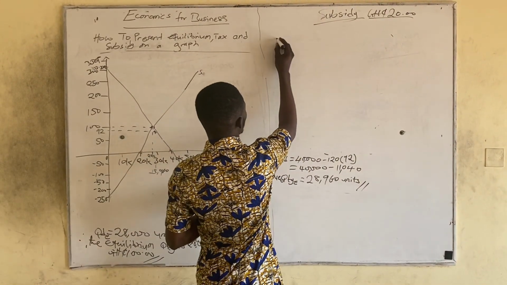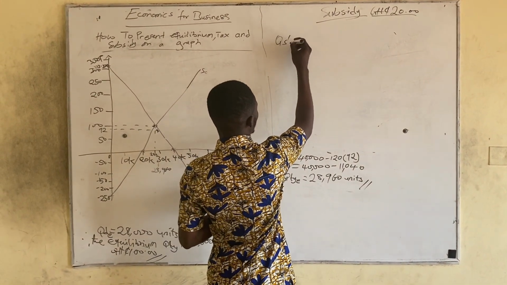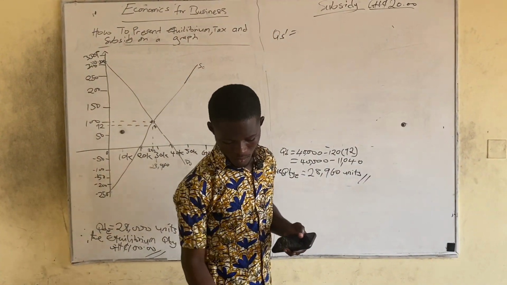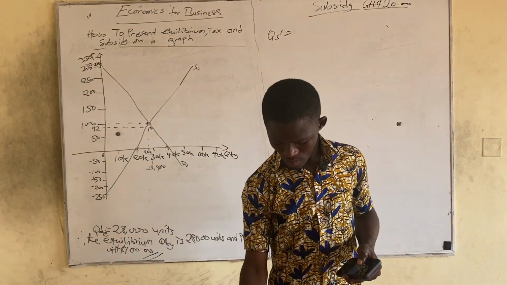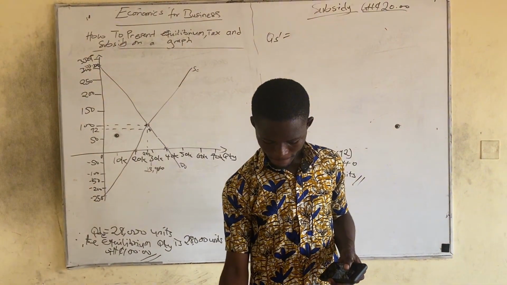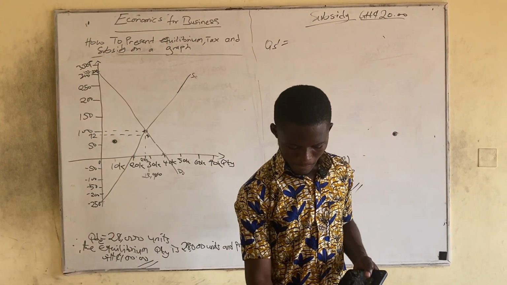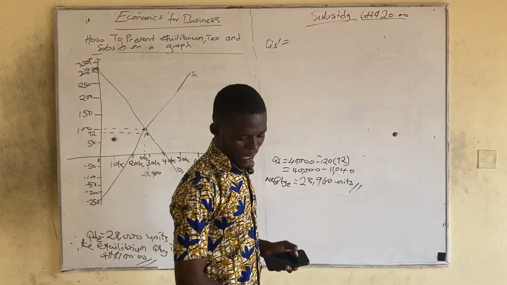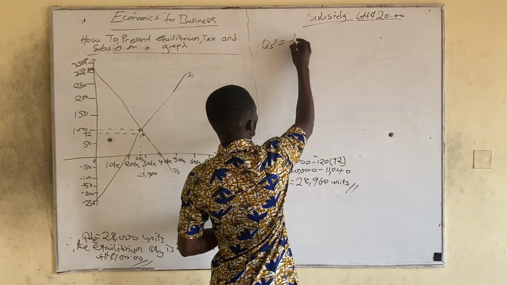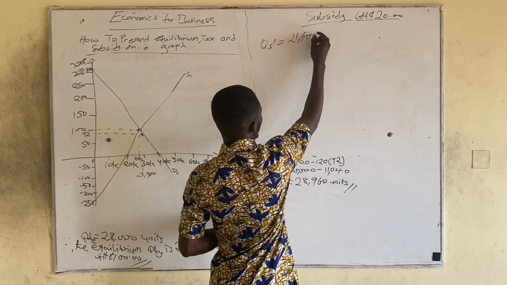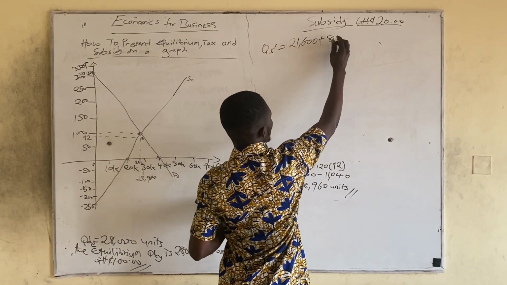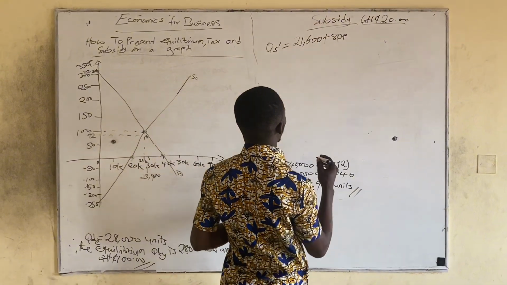So here the new supply curve was 21,600 plus 80p, like this.